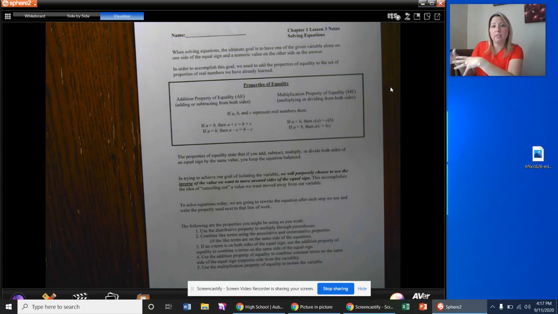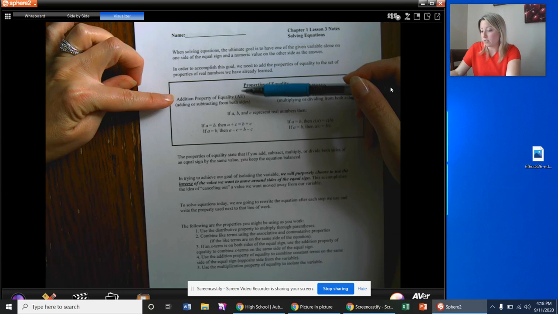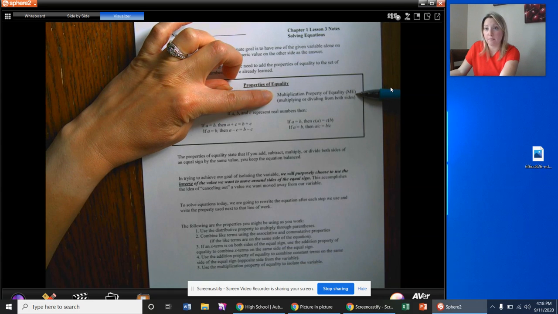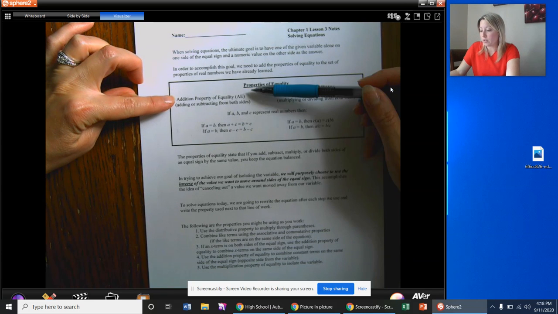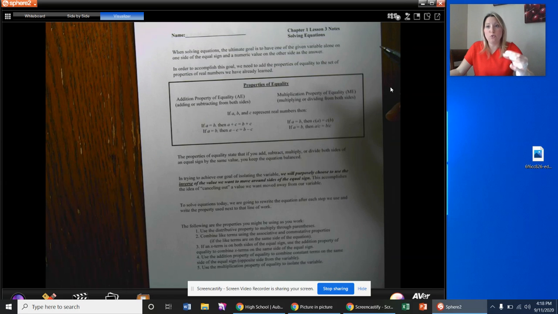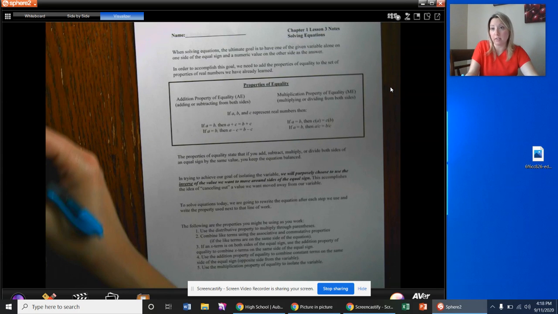I'm going to add two more properties of equality: the addition property of equality and the multiplication property of equality. The addition property of equality states that if you add a number to one side of the equal sign, you need to also add that number to the other side to balance it out.